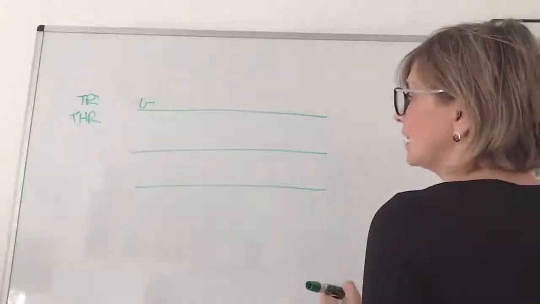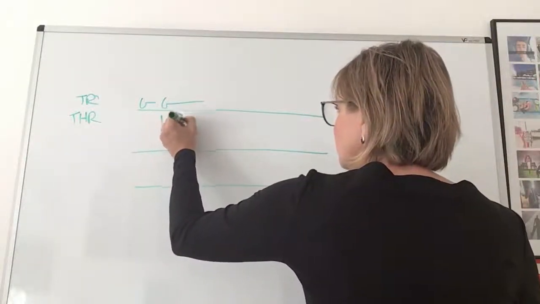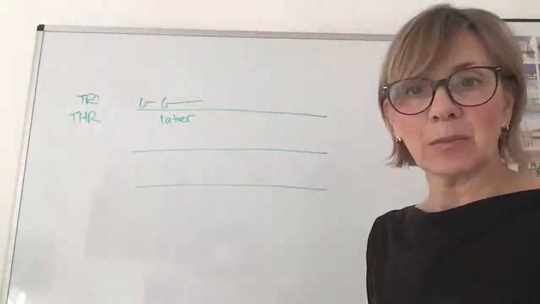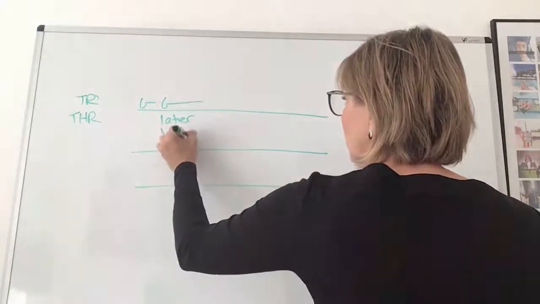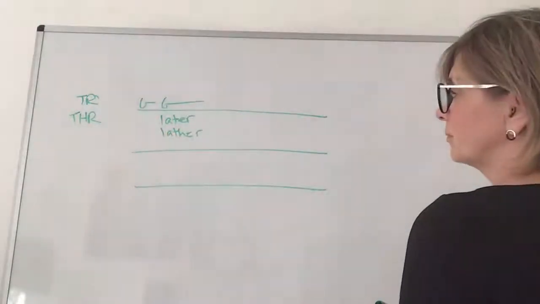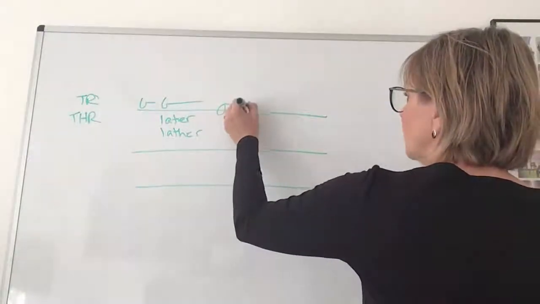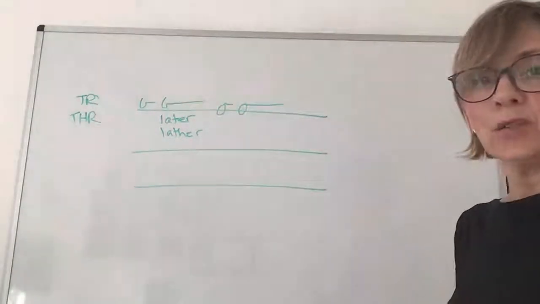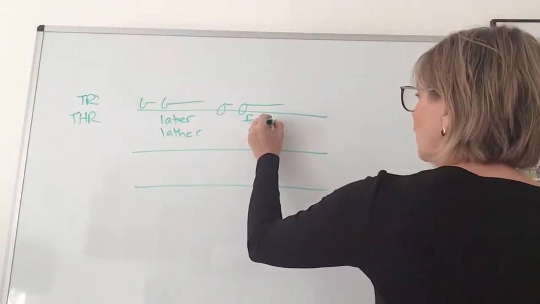So LT, let, can become later. You know it's not letter because letter is a special outline, but it can also be lather. Fat becomes fatter if you double it, but it can also become father.